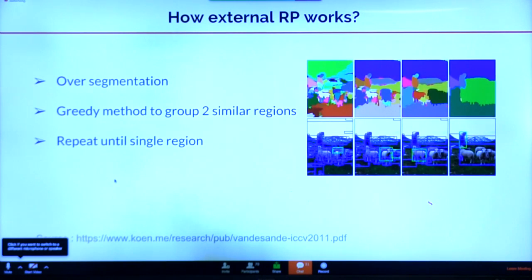And based on that, the single unified region is formed. So all these region proposals, starting from the granular level till a single region, all these features can be input to the CNN. We can do some optimization over here as well.